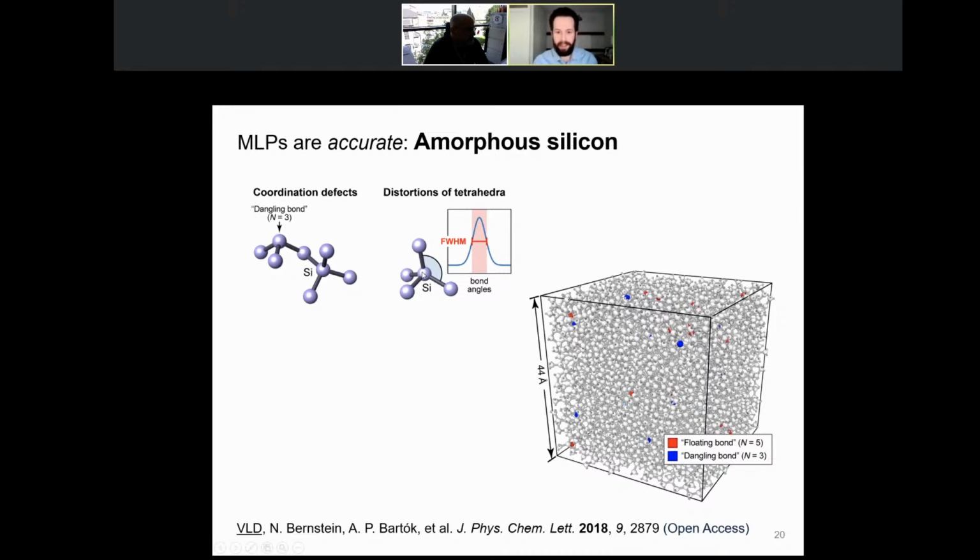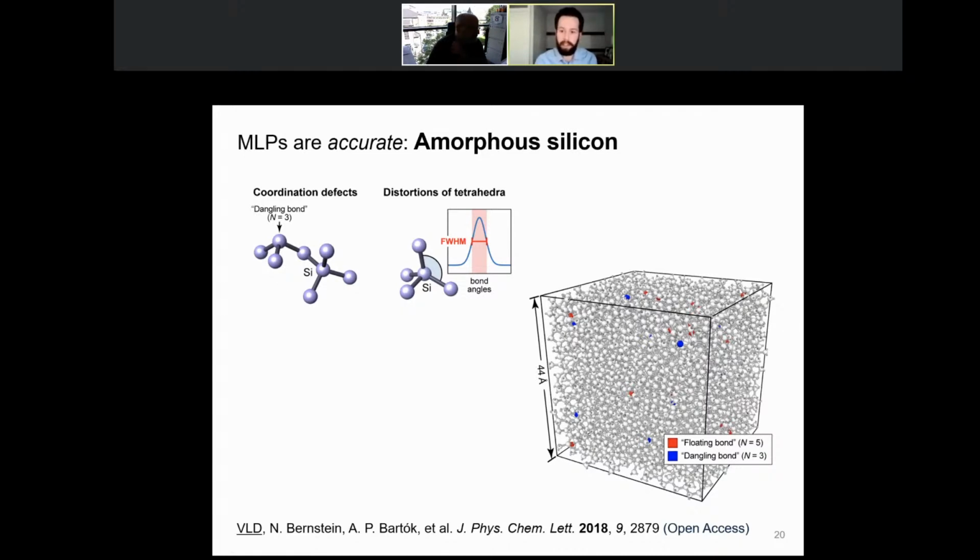So you see all sorts of distorted tetrahedra, and you see almost all of the atoms in fourfold coordination, but there are a few which have either 3 or 5 neighbors. And it turns out that these defects are quite important for the stability of the material.